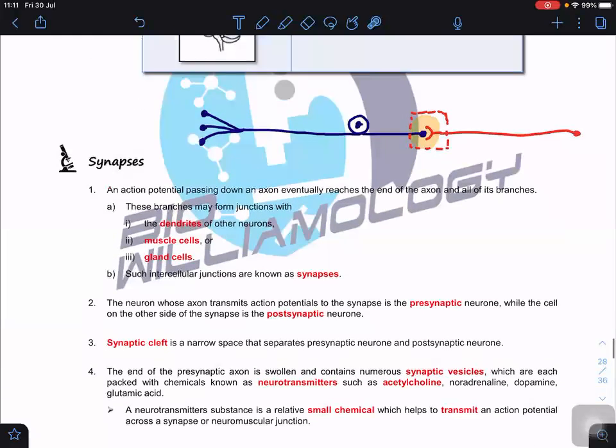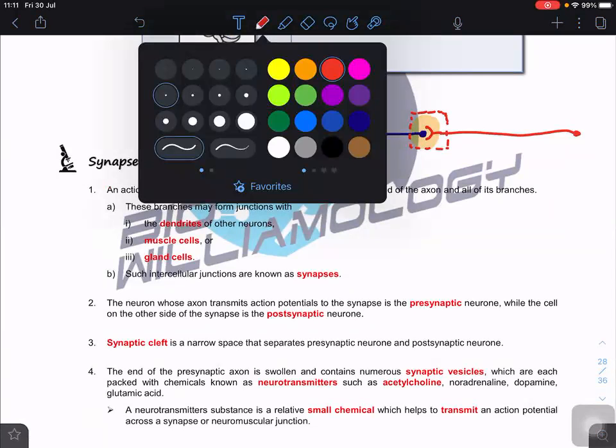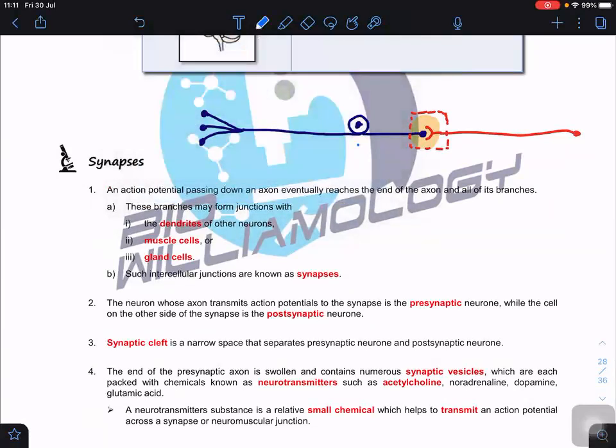So the first one, you look at this structure. This is the direction. The one that transmits or sends over the action potential is known as a presynaptic neuron, before the synapse. The one that receives is called the postsynaptic neuron.